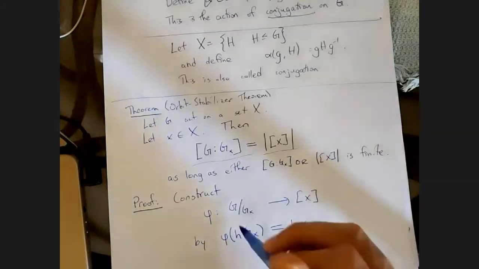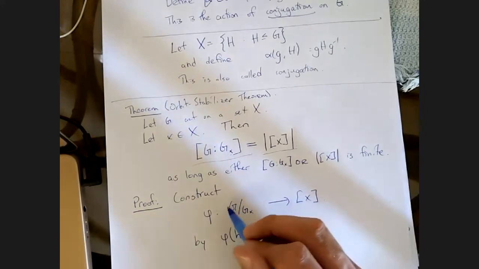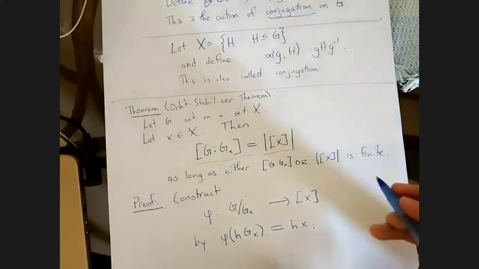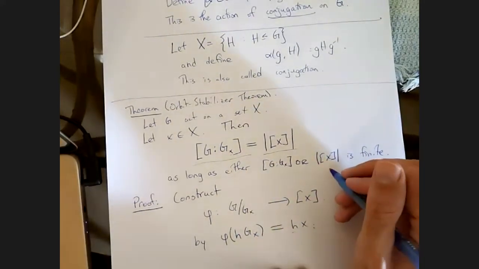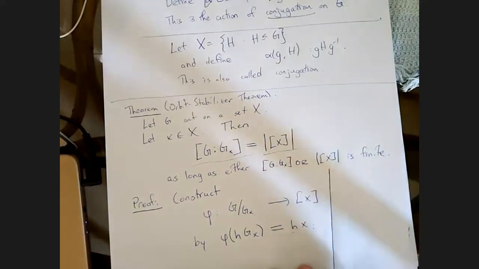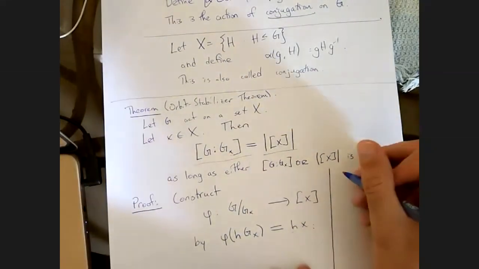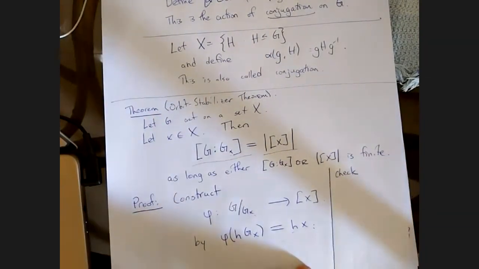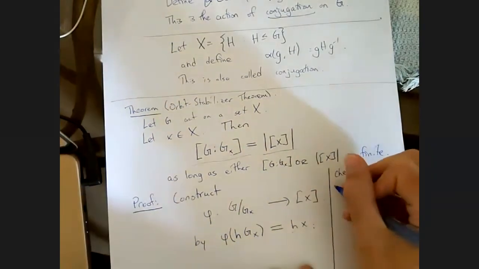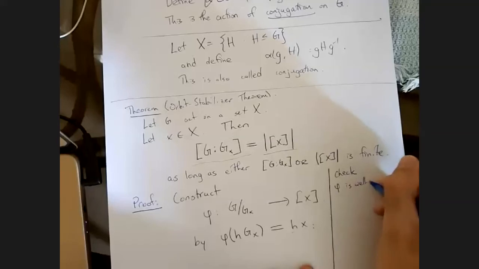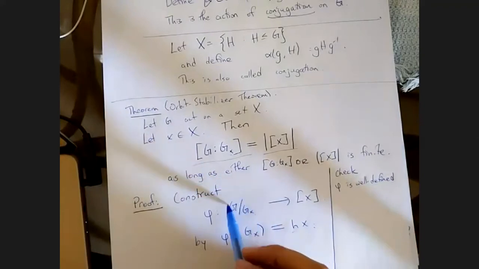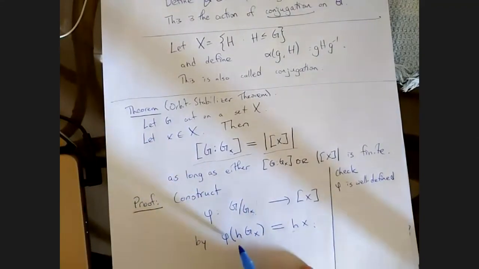This gives you a natural way to associate to each left coset of the stabilizer an element of the orbit. Then you have to check the following. You have to check that phi is well defined, meaning I've defined a function on the set of left cosets in terms of a representative of the left coset.